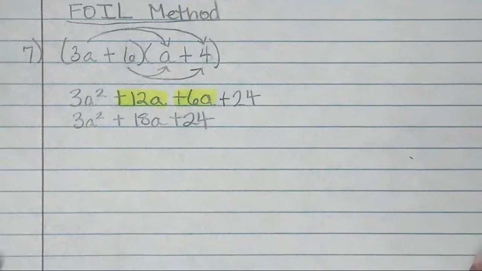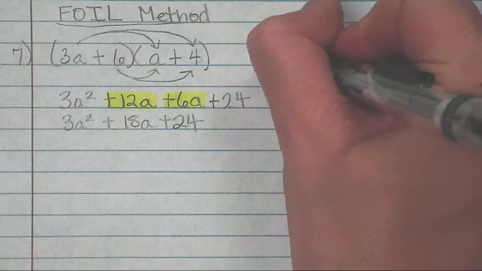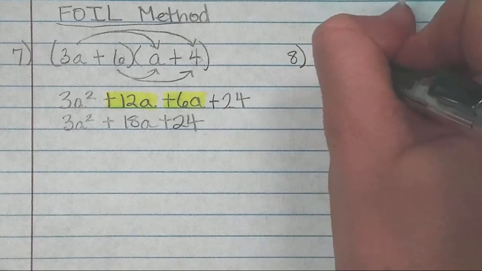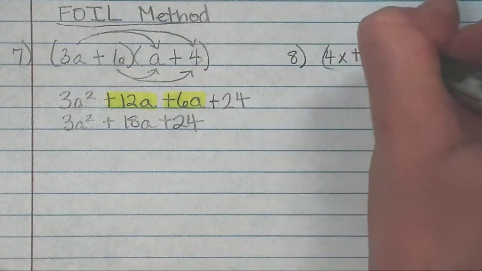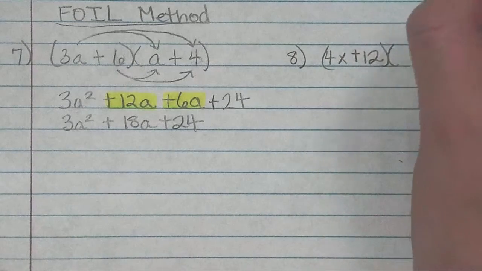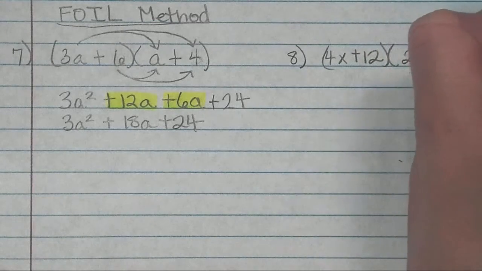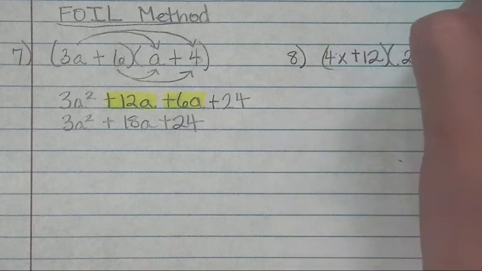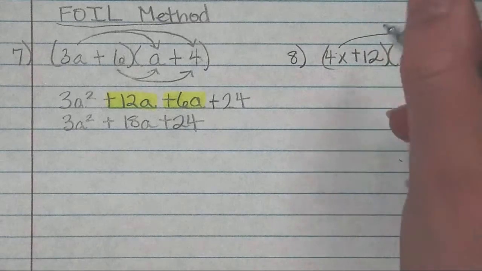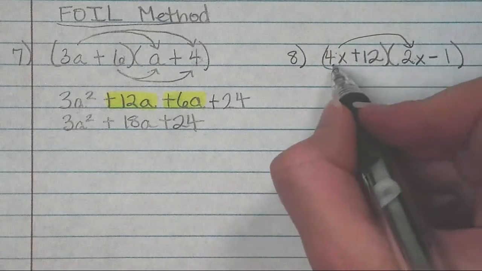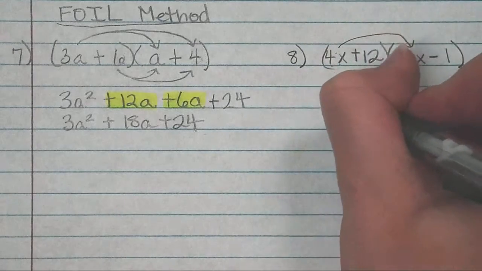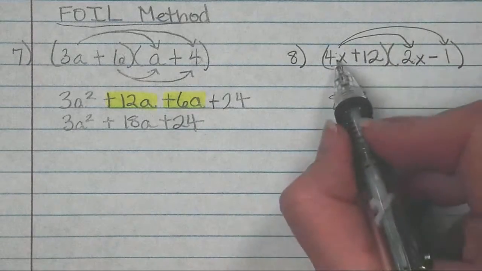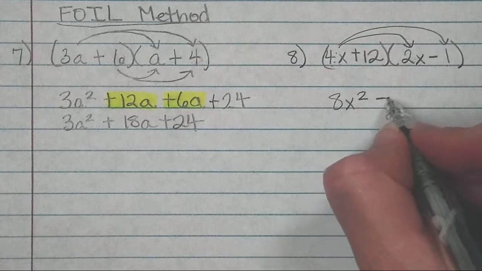Okay, let's do another one using the FOIL method. Number 8. 4x plus 12 is your first binomial, and your second binomial is 2x minus 1. So we do our first term times our first term, and that would give us 8x squared. And then the outer terms, that's the O, F-O, 4x times -1 is -4x.